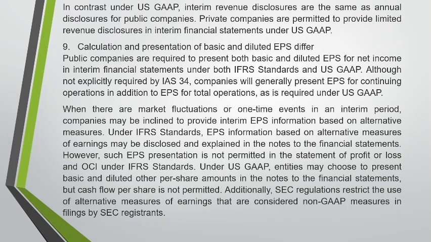However, such EPS presentation is not permitted in the statement of profit and loss and OCI under IFRS standards. Under US GAAP, entities may choose to present basic and diluted other per share amounts in the notes to the financial statements, but cash flow per share is not permitted. Additionally, SEC regulations restrict the use of alternative measures of earnings that are considered non-GAAP measures in filings by SEC registrants.